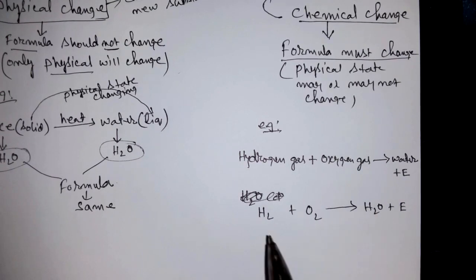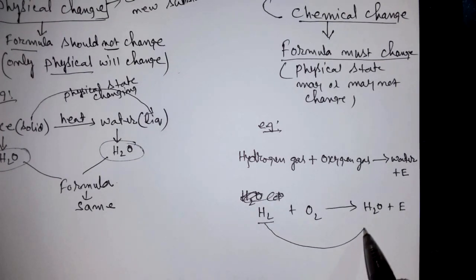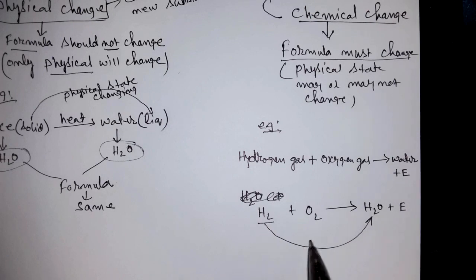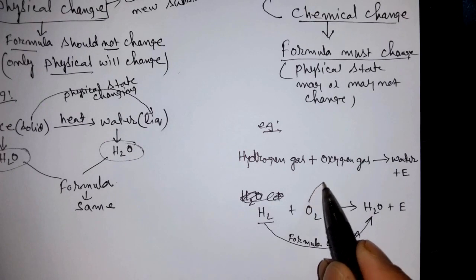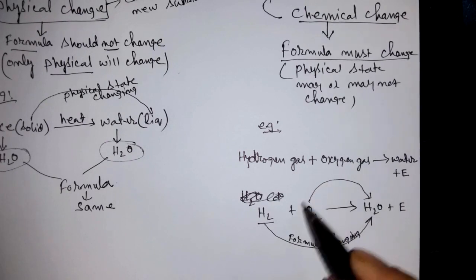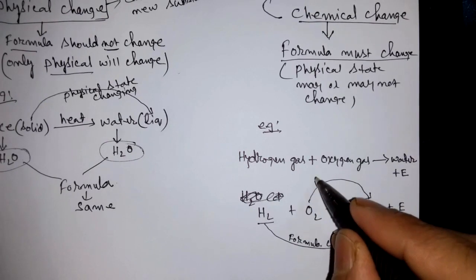Now, here you see what is the formula of hydrogen, H2. So this H2 is becoming H2O. That means your formula is changing. Or you can think this also, this O2 is becoming H2O. So this also the formula is changing.